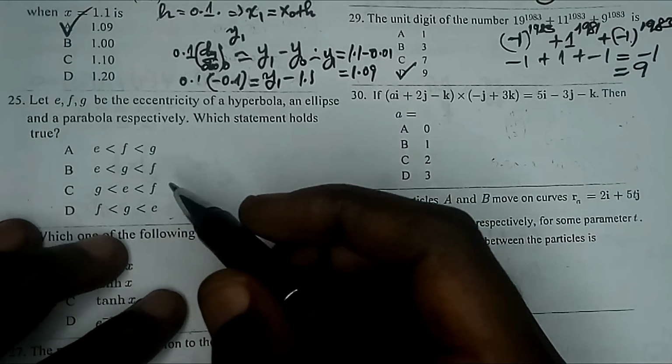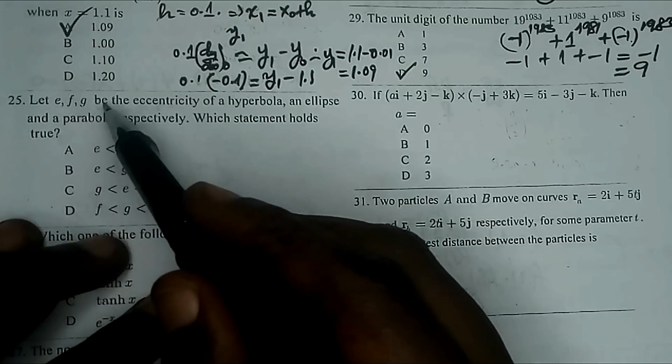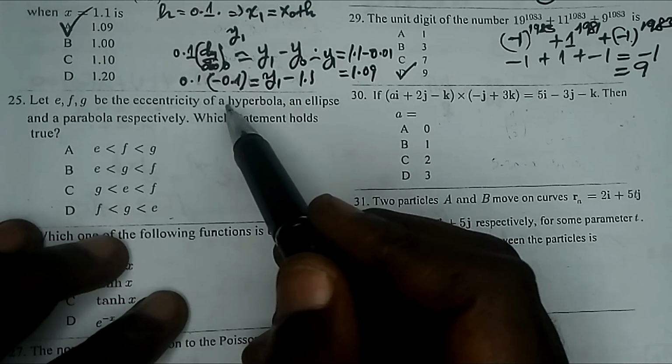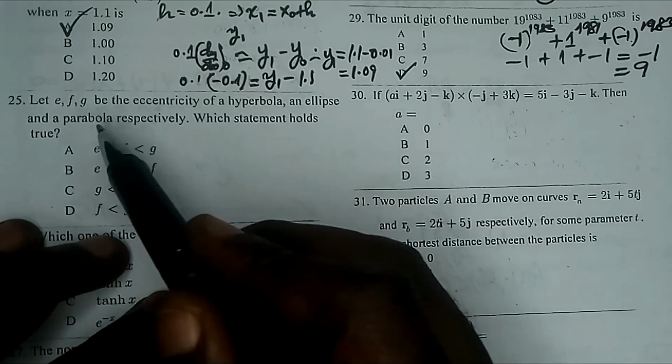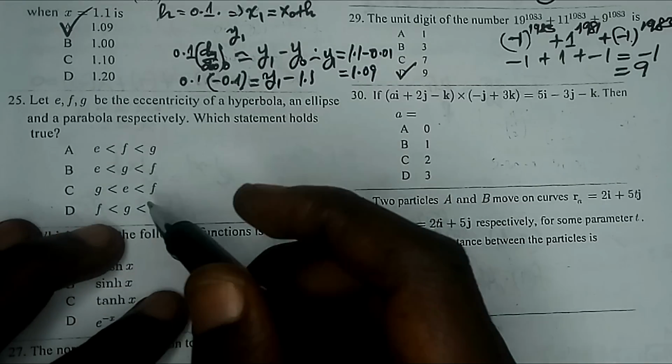For number 25, let E, F, G be eccentricities of hyperbola, ellipse, and parabola, respectively. So which of these is correct?